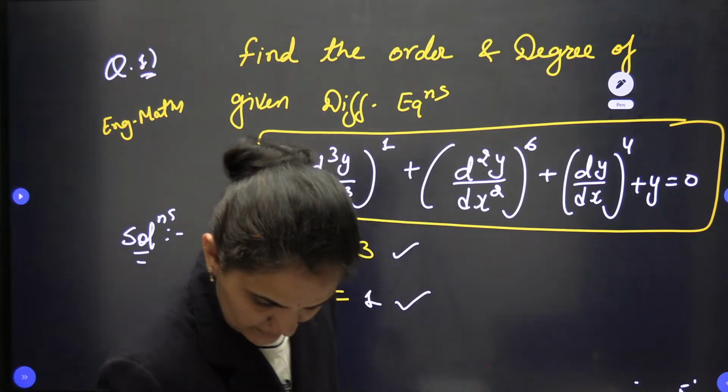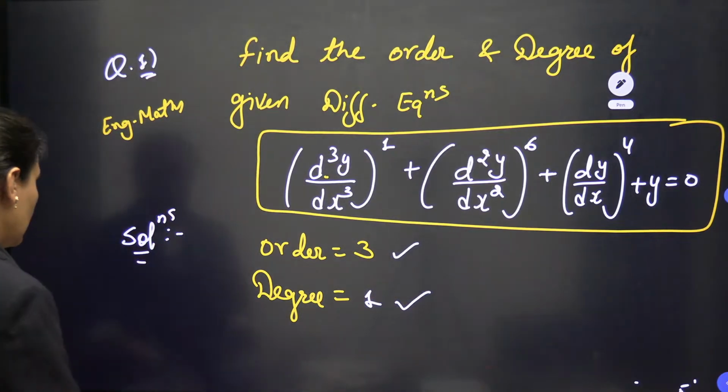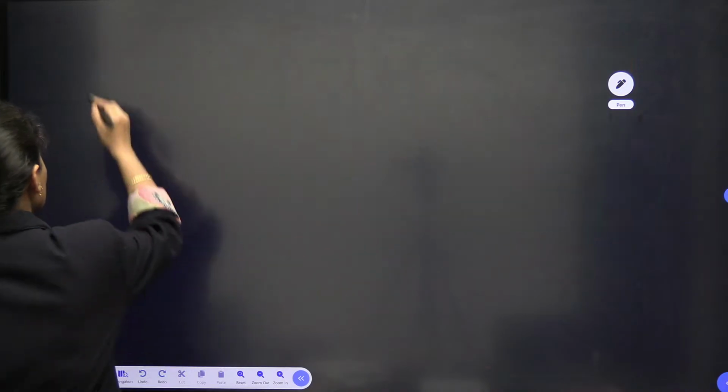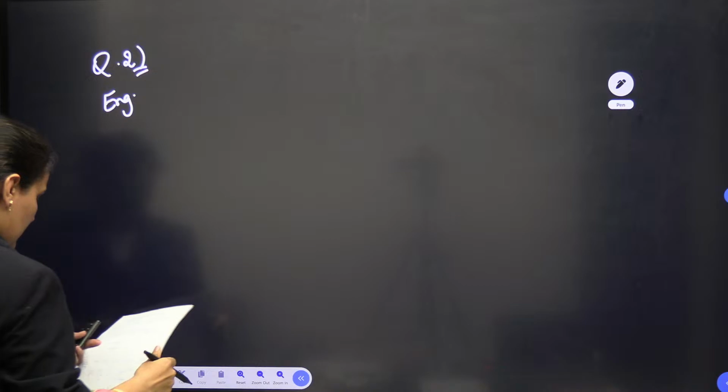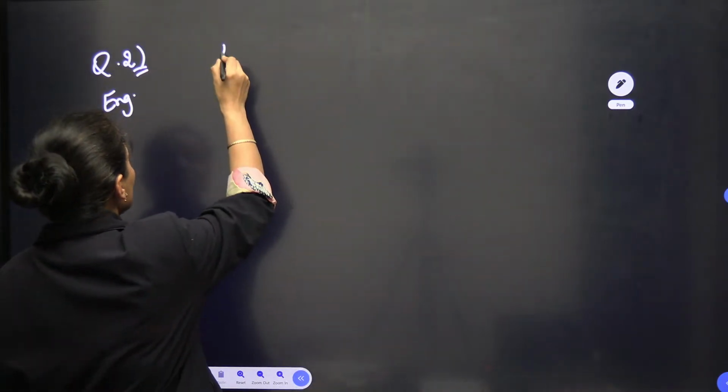Now the next question is talking about eigenvalues. Again the question is from engineering mathematics, for the given 2 cross 2 matrix.